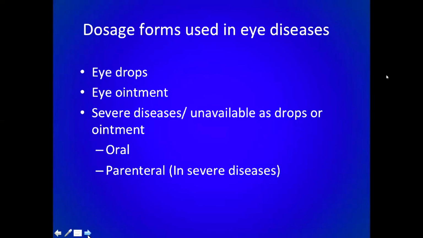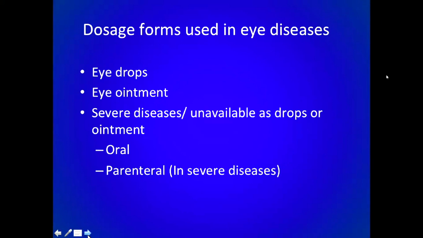Then in severe diseases of the eye, local application is not enough. We have to use oral or parenteral dosage forms, which we are not going to discuss today. So eye drops and eye ointment, I'm not discussing much about that. I'm just giving you 3 or 4 slides, and I'm not going to read them. They cover how you advise a patient to apply an eye drop and an eye ointment.